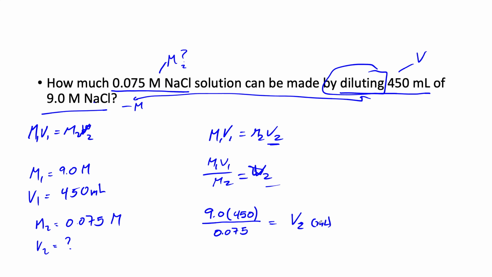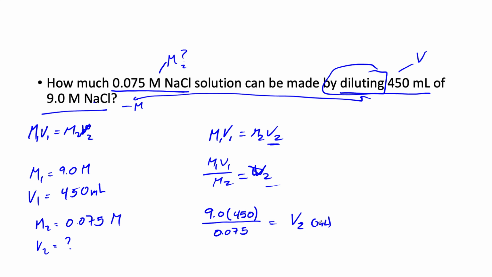So get your calculator out, ladies and gentlemen, and we're going to take 9 times 450. We get 4,050.